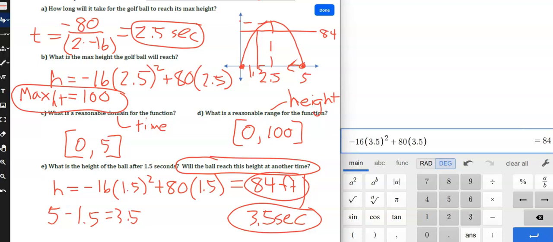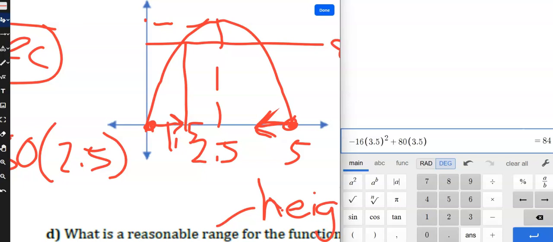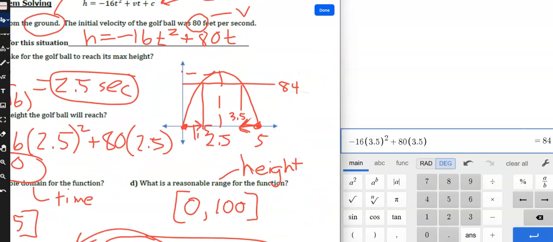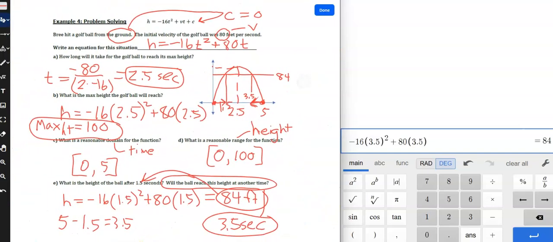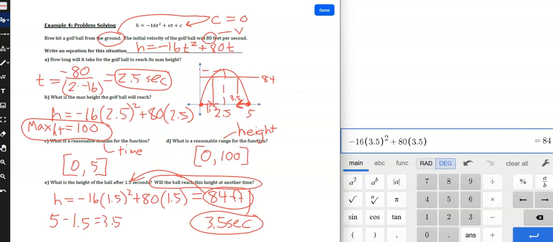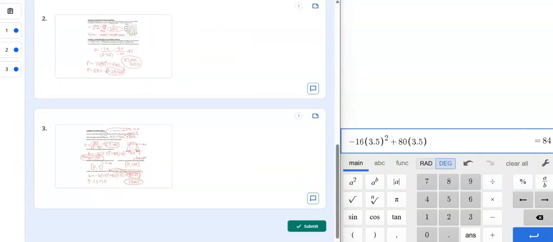So 84 feet was the answer for the first part, and 3.5 seconds, because we're just using the idea of 1.5 seconds being the distance from the left and 1.5 seconds being the distance from the right. So that means this is 3.5 seconds to also reach a height of 84 feet. And I think that's all this example asks. Let me check. Yep, I was right. See you later.